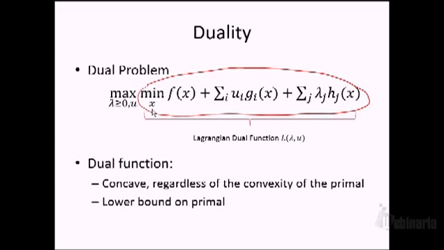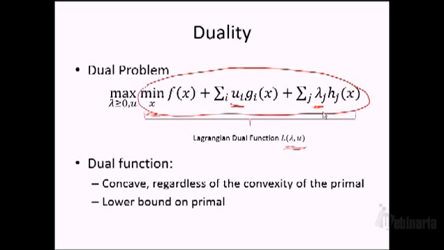Because if you fix x at a particular value, then this Lagrangian is just a linear function of u and lambda. And so the dual function is just a pointwise minimization of functions that are linear in u and lambda. And this is known to be concave.